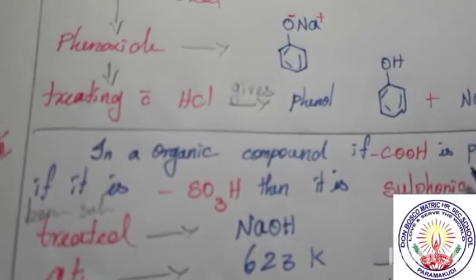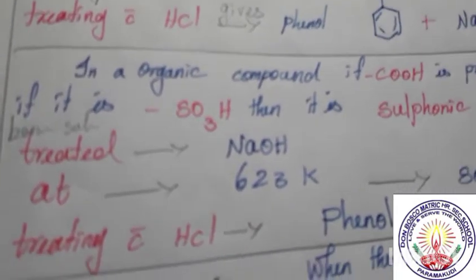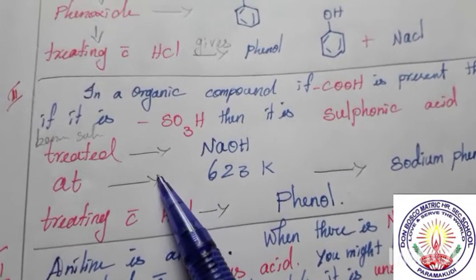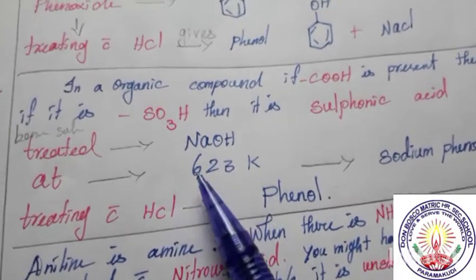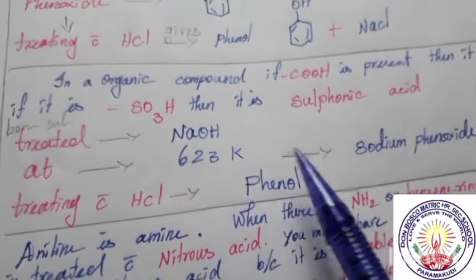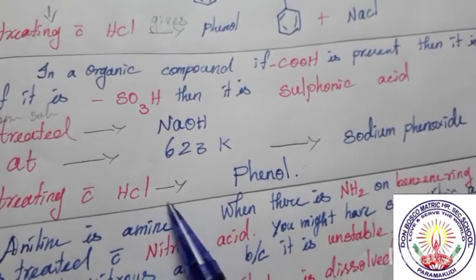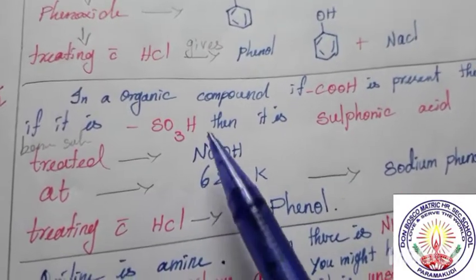So we are taking benzene sulfonic acid and treating it with NaOH. The second method also is similar to the first one. In the first one also, it is treated with NaOH at 623 Kelvin, and we are getting sodium phenoxide, and that sodium phenoxide is treated with HCl, then we are getting phenol. So this method is just similar to the first one.